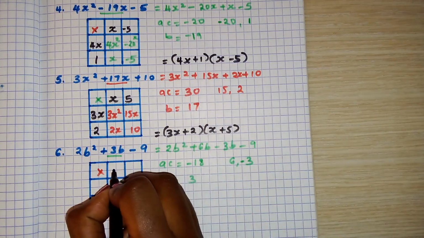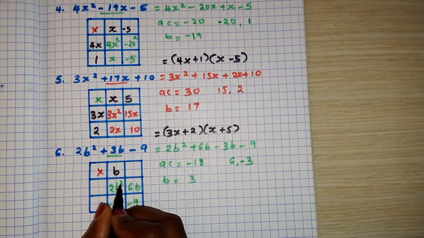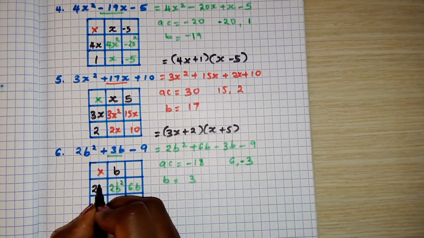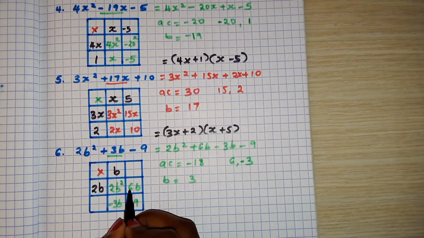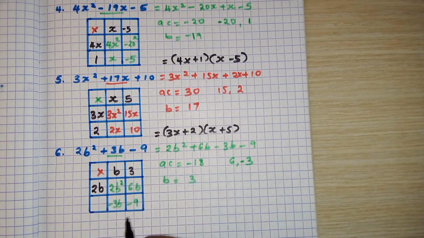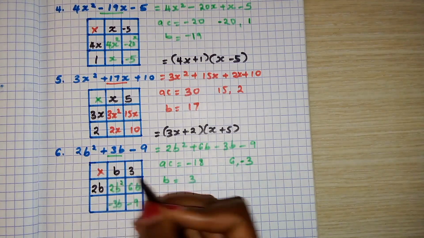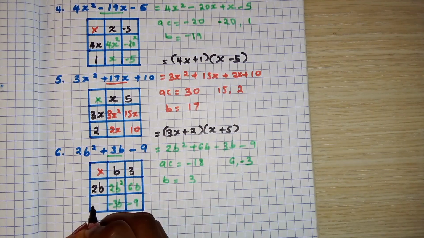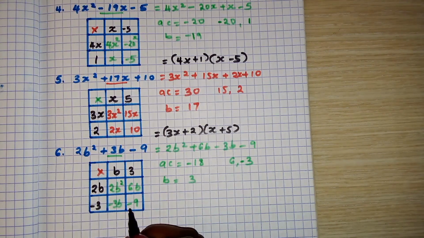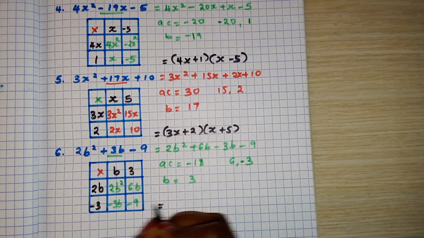So 2b, we can start with b there. So 2b squared divided by b would be 2b. 6b divided by 2b is 3. Negative 3b divided by b is negative 3, and negative 9 divided by 3 is negative 3. So that one is good.